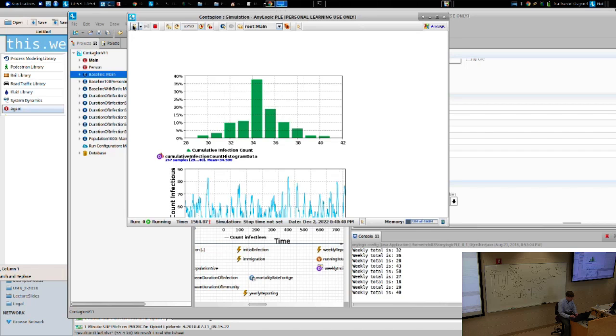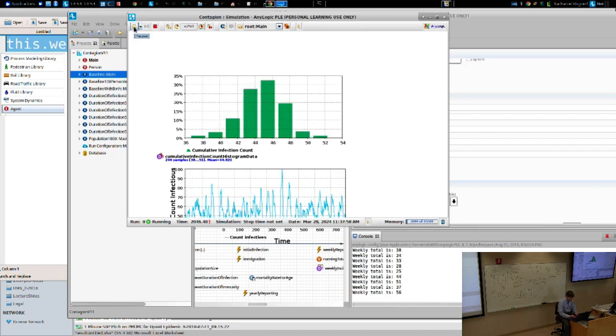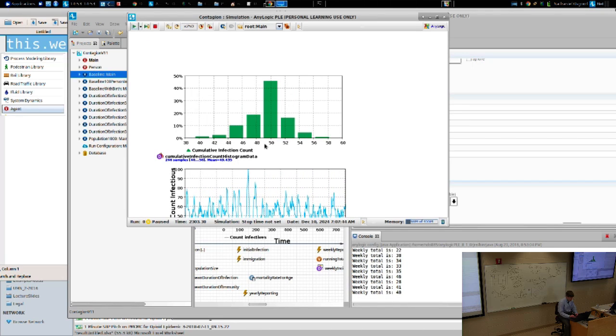If we pause it at any one, this is a little pause button. Look at that. What is that telling us over time? Are people all the same in terms of infection counts? No, they've got different numbers of cumulative infections. Do you see that?